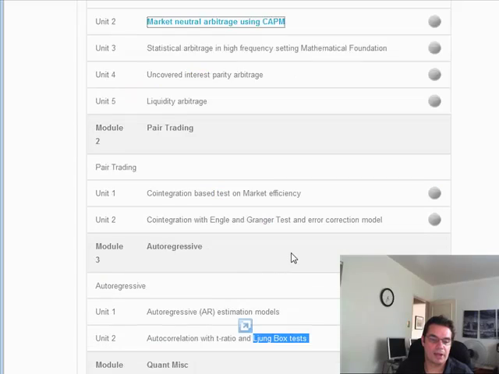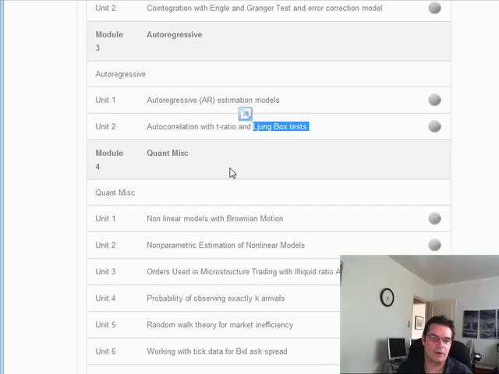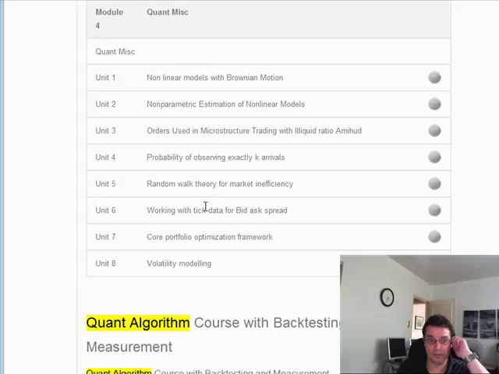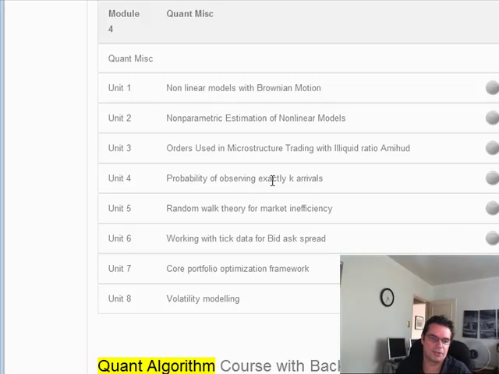Alright, so going back to where we were, we've talked about autoregressive. Now we get into miscellaneous quant stuff, just excess stuff that I can't classify into separate modules, so it's all getting dumped into one module.